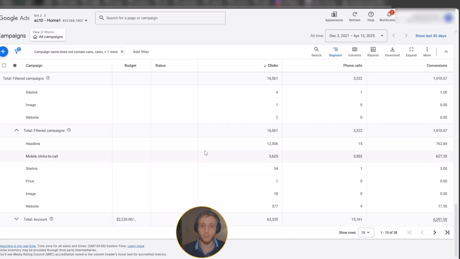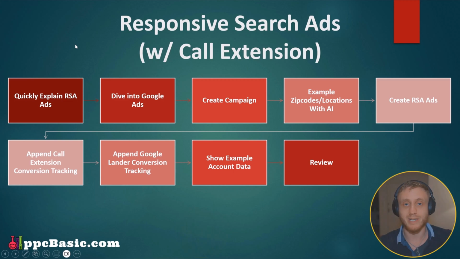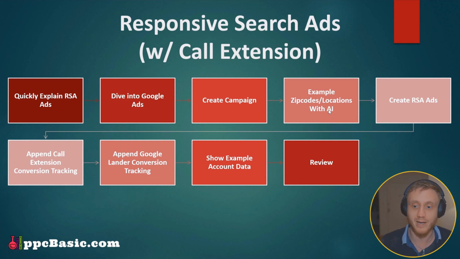Let's go ahead and review what we covered. All right, so I quickly explained what a responsive search ad is, and then we went right into Google Ads. We created our first campaign, and then we did our zip code locations using AI, using ChatGPT, but you can usually use whatever AI you want to use because they're all really good right now.